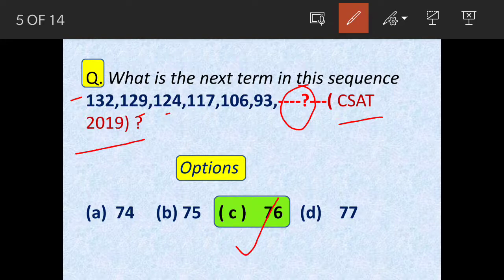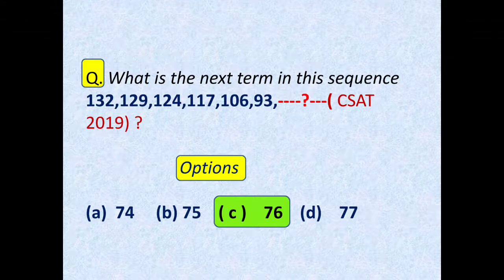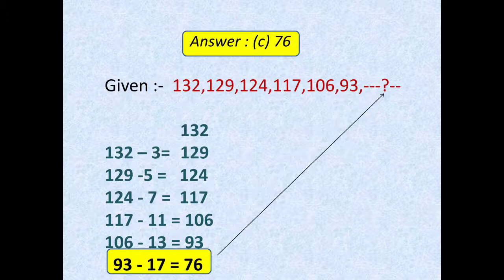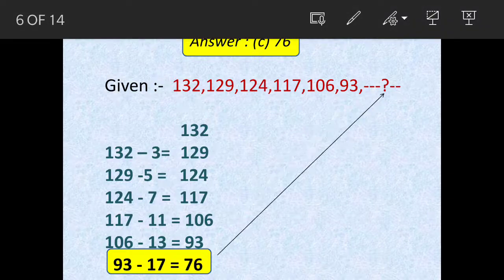Now read the question once again and then we'll see the answer. In this series, if you see carefully, I worked out the differences. 132 and then 129, the difference is 3.